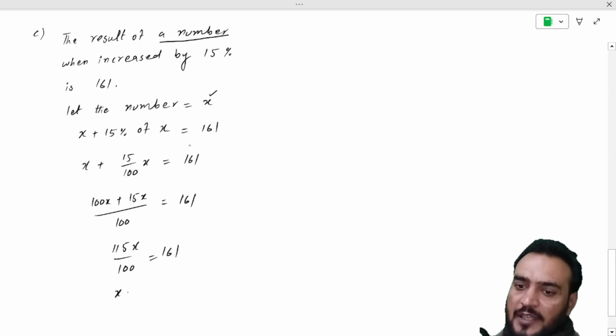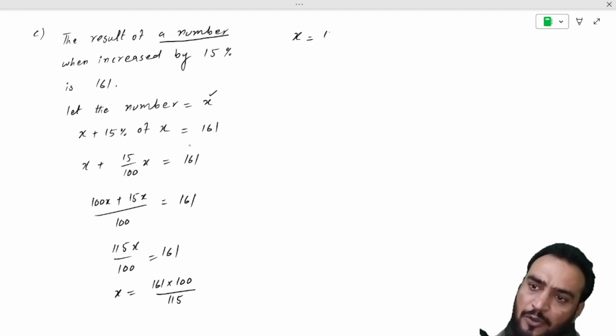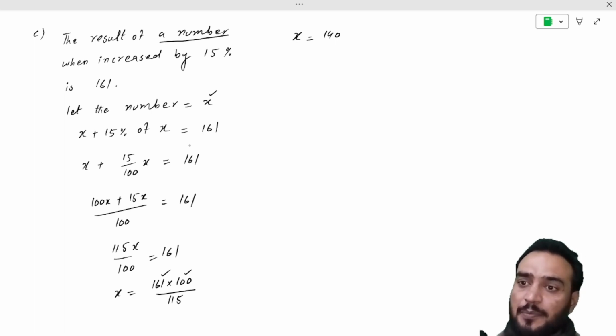Now the value of x will be 161 times 100 divided by 115. Finally the value of x will be 140. If we multiply 161 by 100 and then divide by 115, the value of x will be 140. This was the part C.